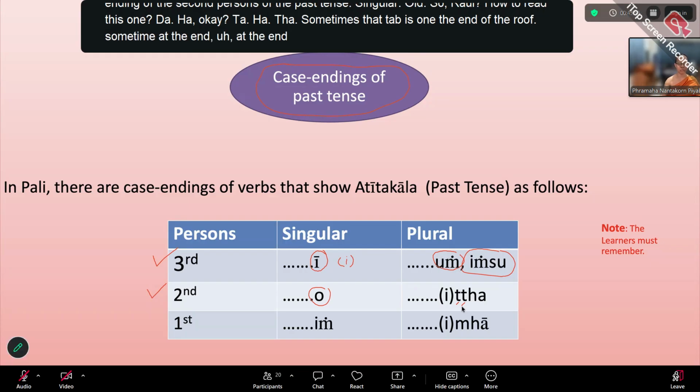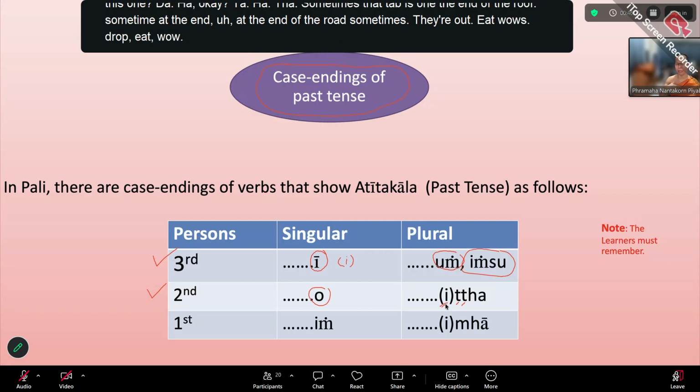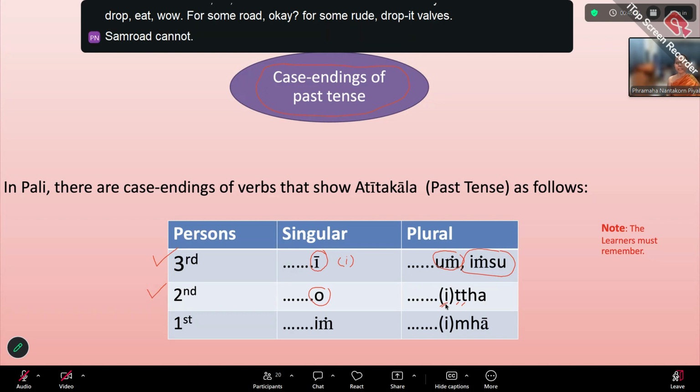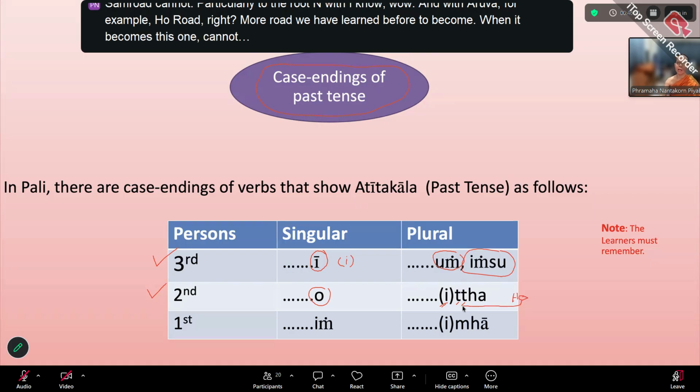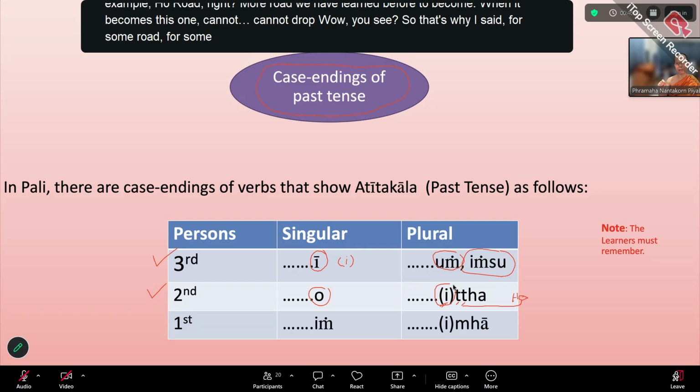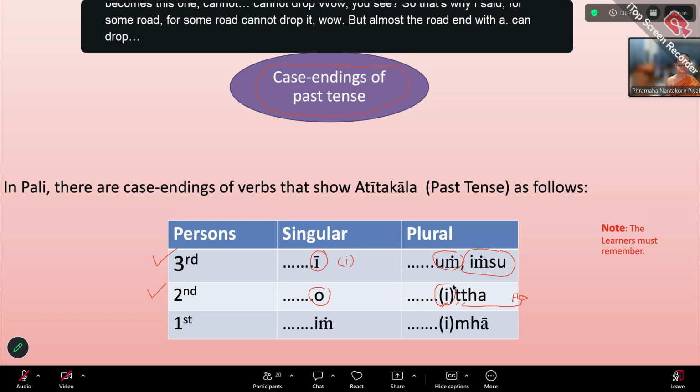Sometimes at the end of the root, the vowel is dropped, for some roots. Some roots cannot drop it, particularly roots ending with other vowels, for example the root hu, which we learned before, to become. When it becomes this one, it cannot drop the vowel. Almost all roots can drop it, but roots ending with other vowels cannot.